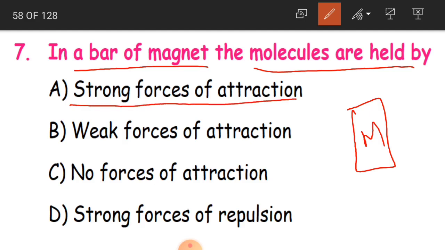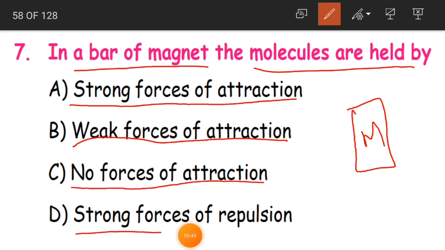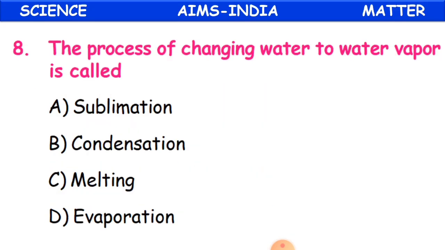Strong forces of attraction, weak forces of attraction, no forces of attraction, strong forces of repulsion. Okay, children, and the answer is strong forces of attraction. Even in the third question we have learnt that. So a magnet is going to attract more molecules. So this is why A is the correct answer.